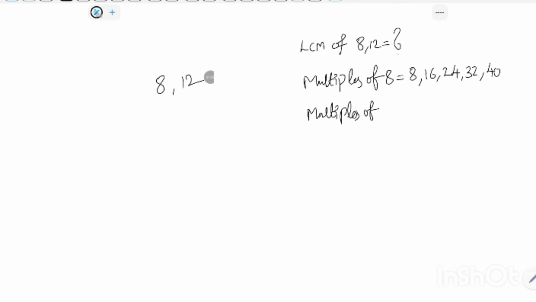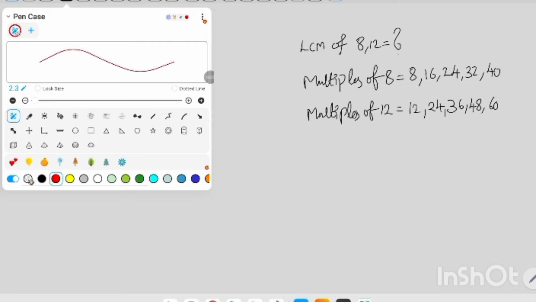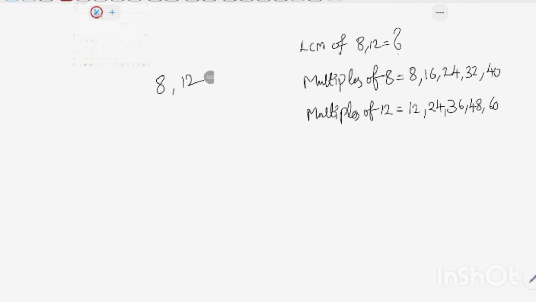Next I am writing the multiples of 12: 12, 24, 36, 48, 60. I wrote the first five multiples of 8 and then the first five multiples of 12.